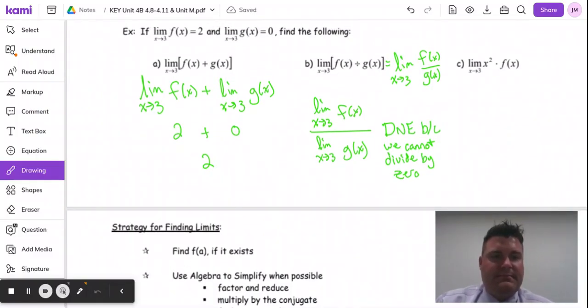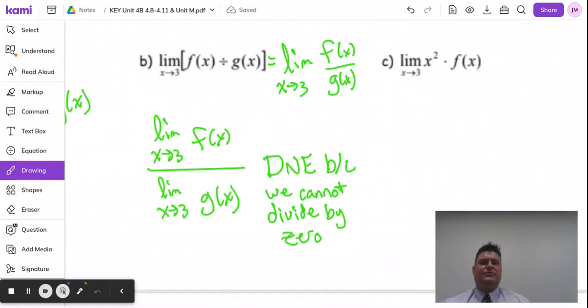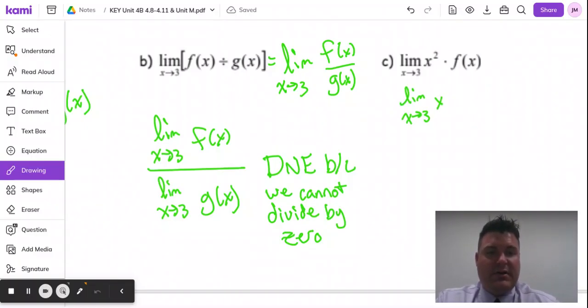Next one here: we have the limit as x approaches 3 of x squared times f of x. This is the same thing as the limit as x approaches 3 of x squared times the limit as x approaches 3 of f of x.